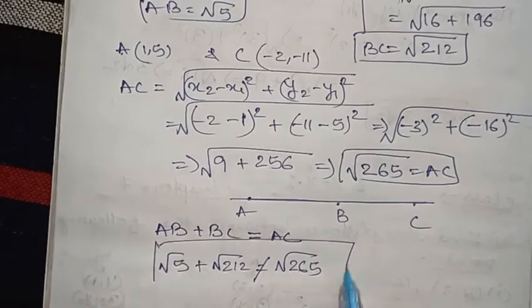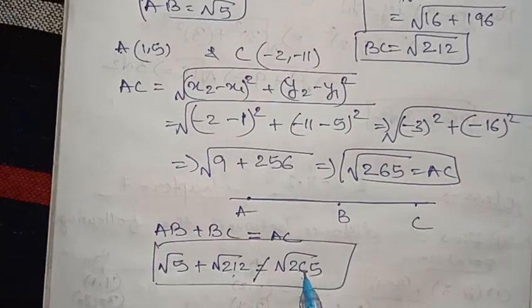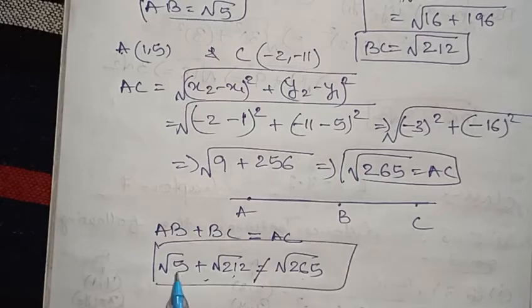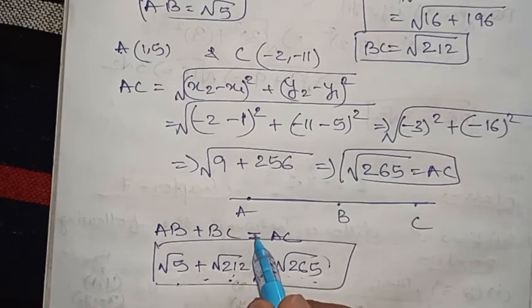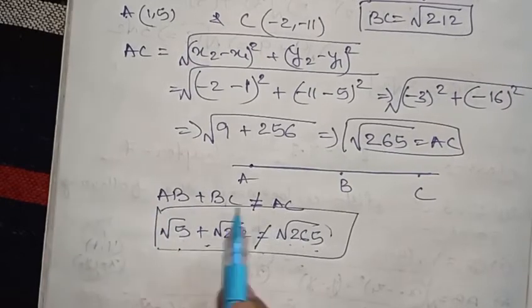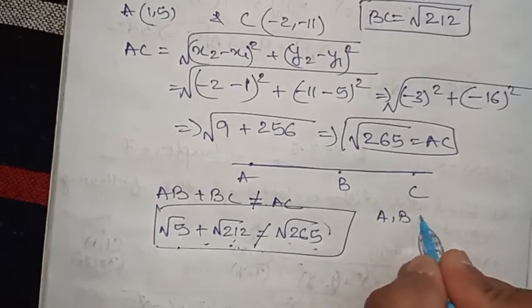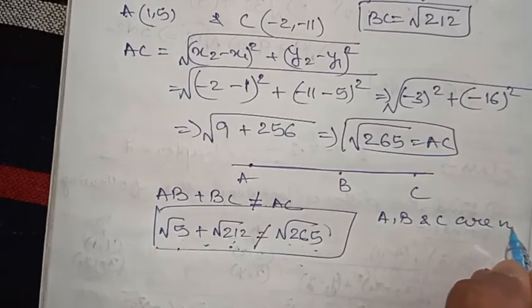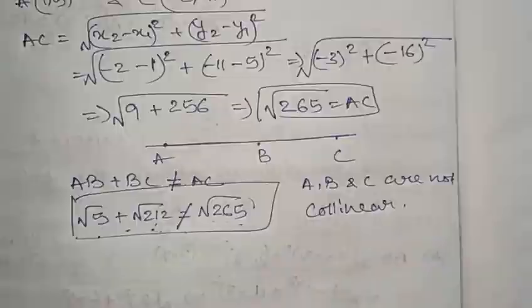Obviously this sum is not equal to the square root of 265. As this cannot be added, we will not get the result as 265. So AB plus BC is not equal to AC. That means A, B and C are not collinear.